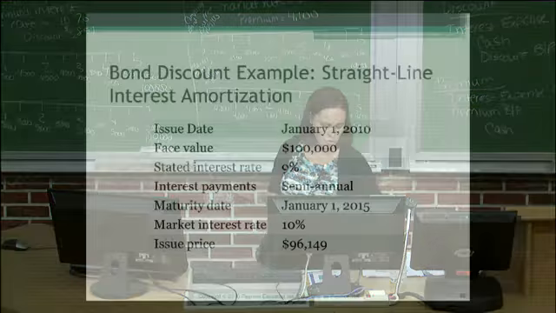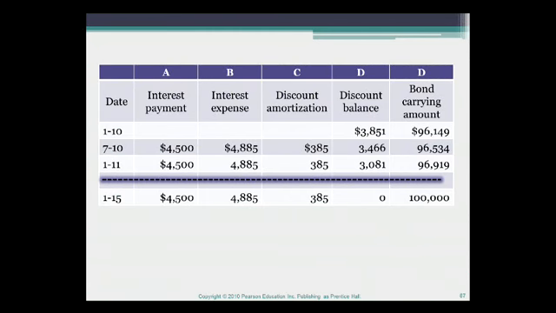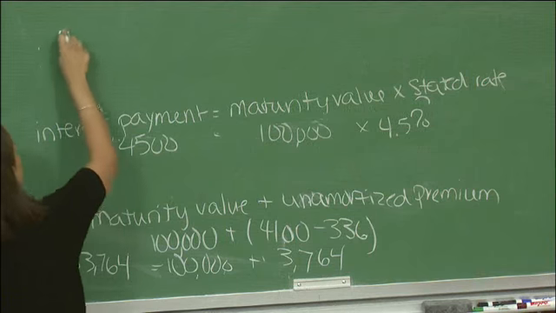Okay, so let's go through this quickly for each one of these. So the bond issued at a discount. What would we do? Well, again, the two things we calculate are the discount amortization and an interest payment.